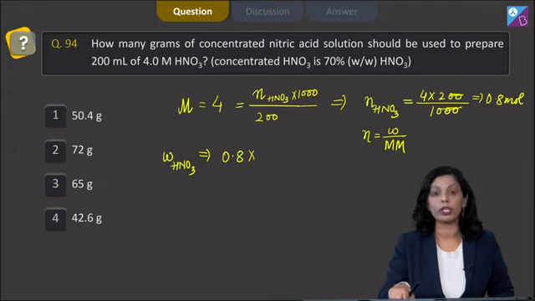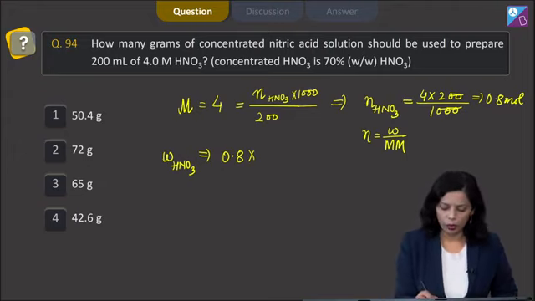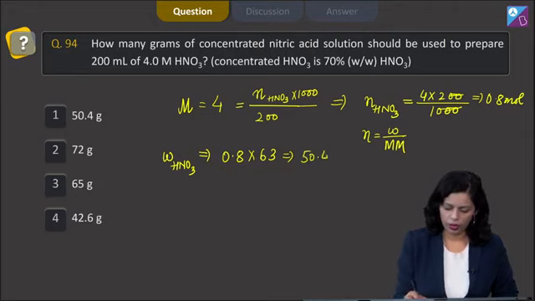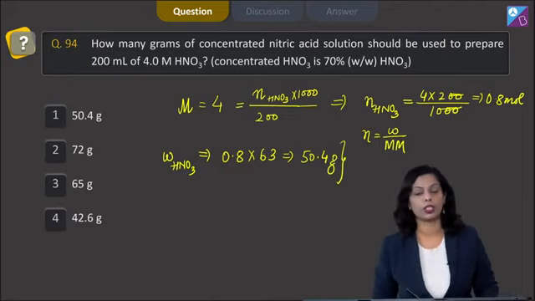HNO3, 1 plus 14 plus 16 into 3. So that would be 63. Clear? Just solve this. If you multiply, you are going to get 50.4 gram. This is the mass of HNO3.